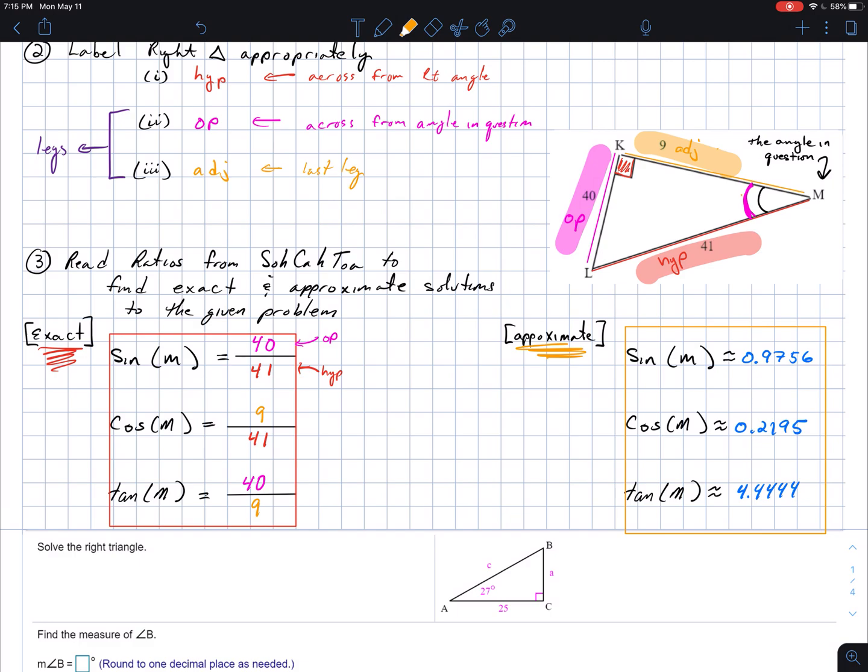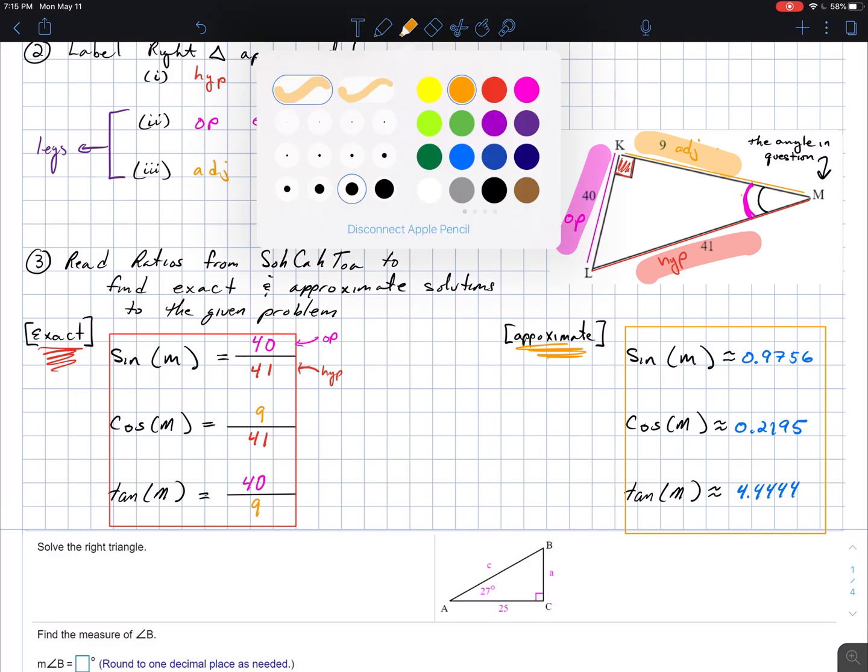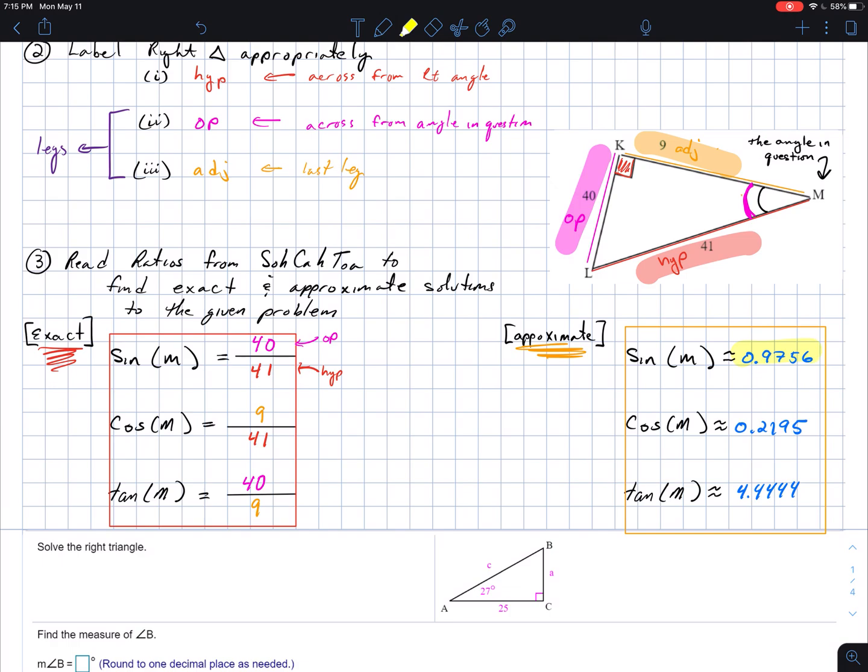In this case, M. So you might be asking yourselves, well, how did I get this 0.9756, for example? Well, all I did was I put it into the calculator. So I literally just typed in 40 divided by 41, and it spits out this number. Remember to approximate it to the correct decimal place. Remember with rounding, if you have a number 5 or bigger, it's going to round up.